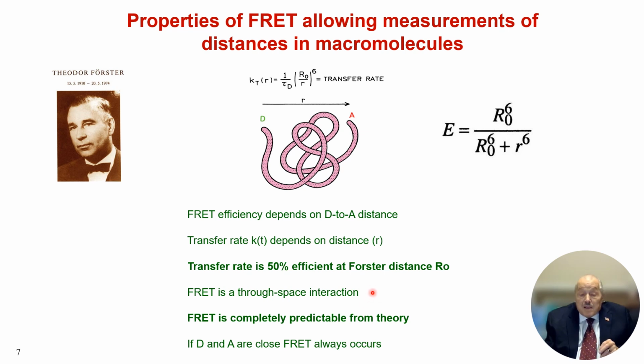It's a through-space interaction. And one of the things that I like most about FRET, it is completely predictable from theory. To my knowledge, there is no example except the one that I'm going to show you, which is very specialized. If a donor and acceptor have an appropriate spectral overlap, FRET will occur between those two molecules if they get close enough.